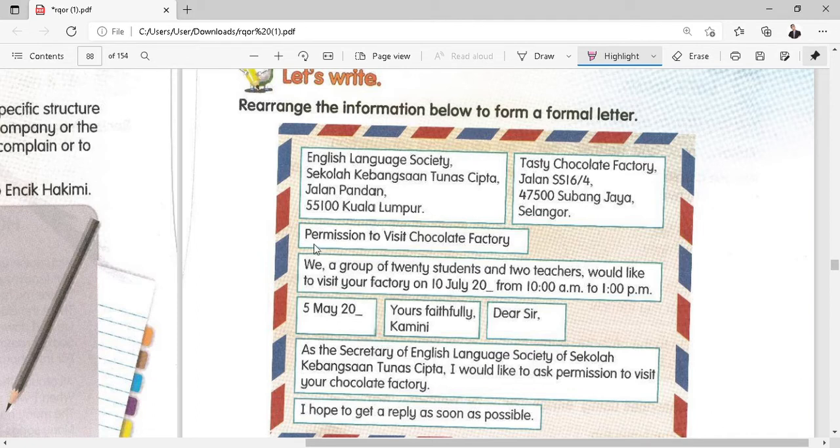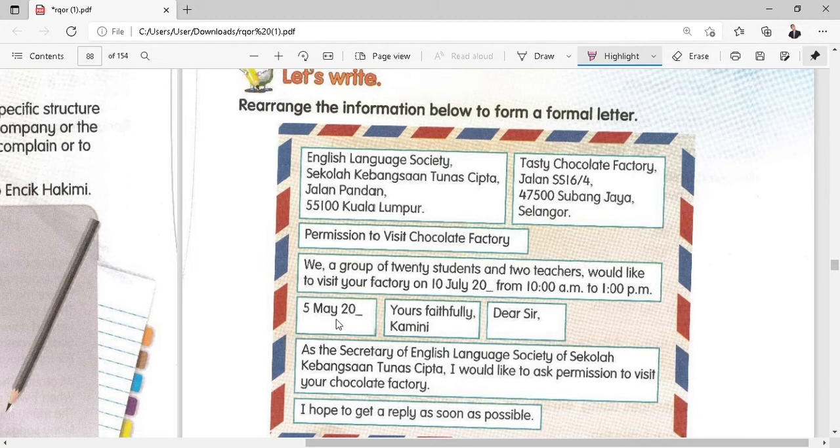Next, Permission to visit chocolate factory. We, a group of 20 students and 2 teachers, would like to visit your factory on 10th July 2021 from 10 a.m. to 1 p.m. 5 May 2021. So this must be the date.